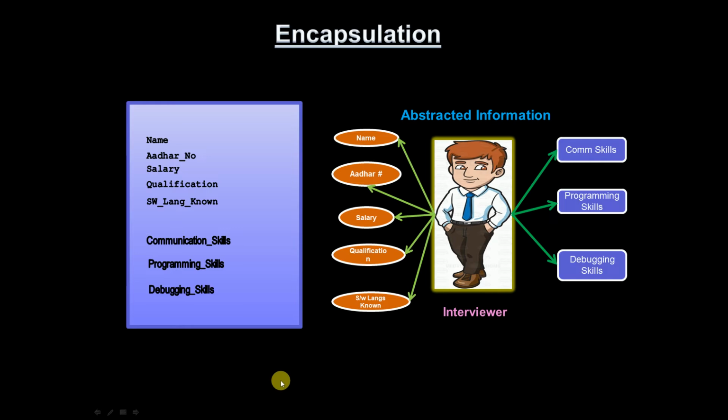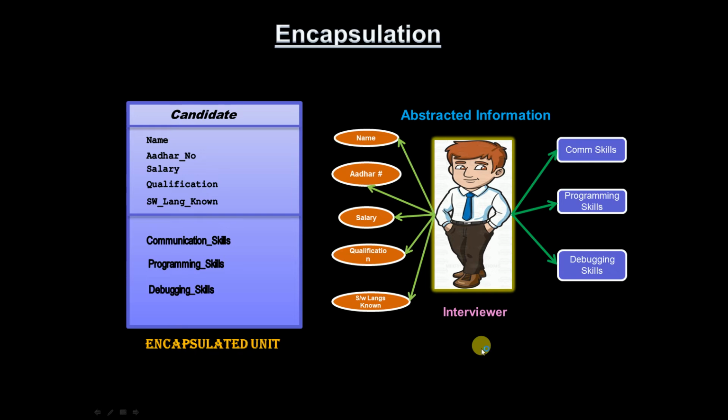This is called an encapsulated unit, and we give it the name candidate. When an interviewer is looking for a candidate, he will look at the name, Aadhaar number, salary, qualification, the software languages known, and also focus on communication, programming, and debugging skills. Creating this encapsulated unit is nothing but encapsulation.